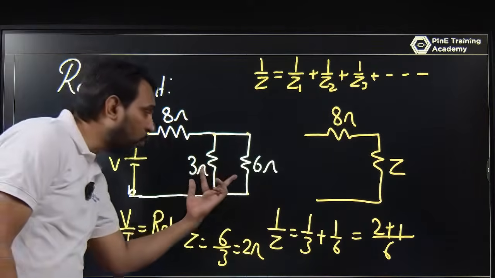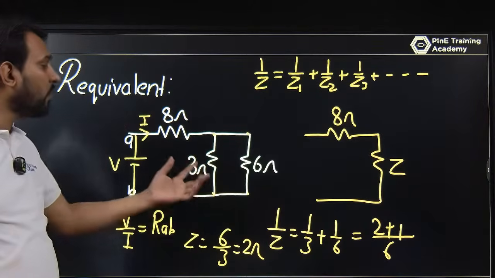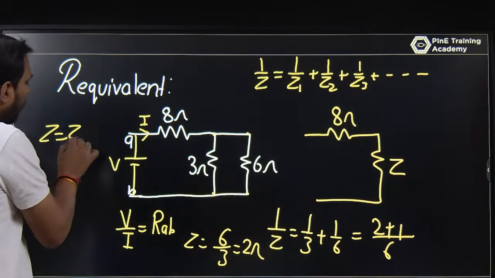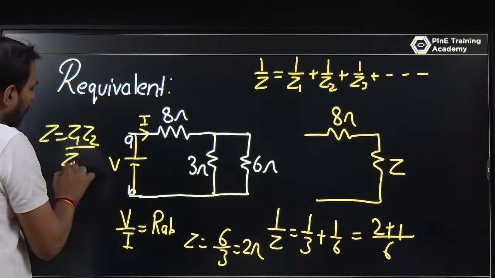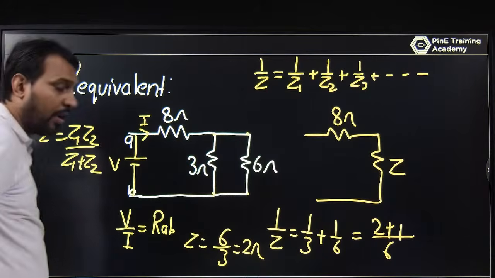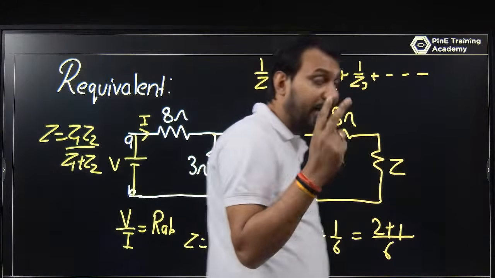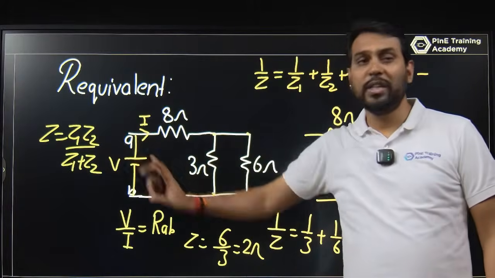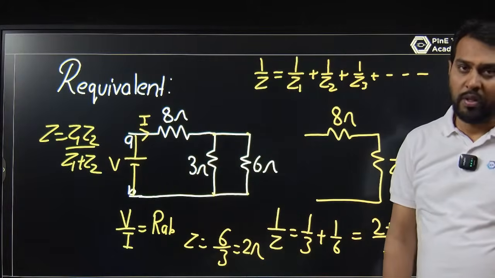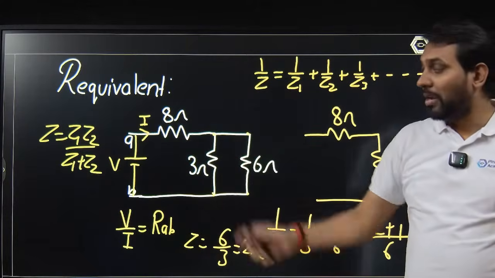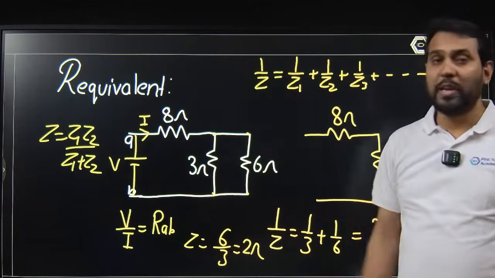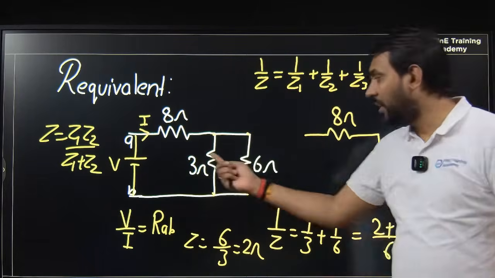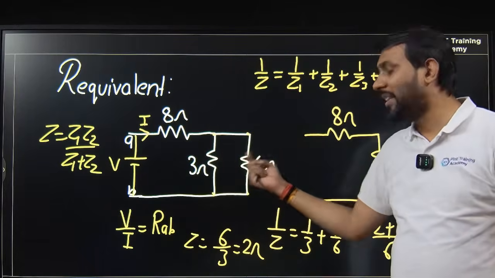If you have two impedances in parallel, you can use a very basic method: Z is Z1 into Z2 upon Z1 plus Z2, in one line. That is the value of 1 by Z1 plus 1 by Z2. So 3 into 6 is 18, 18 upon 9, that is 2 ohm.